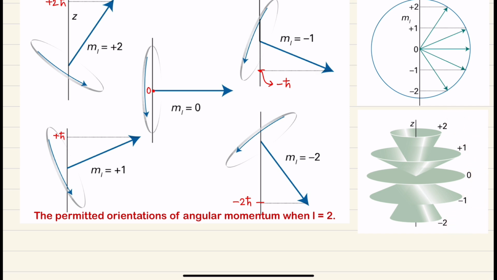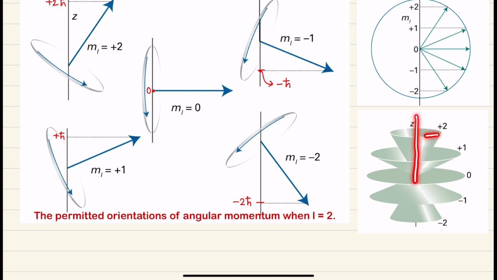And each and every cone has a different projection of ml units on the z axis, right? Understood? All the cones have a projection on the z axis.